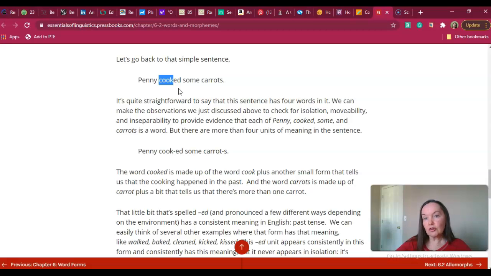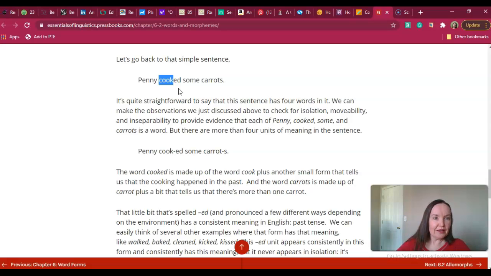It's no longer just the action of cooking. It's now an action that happened when? In the past, right? So ed is our regular past tense verb ending. We know when we see ed, automatically something happened in the past. In fact, when you hear a child who's learning to speak English, maybe a 2-year-old or a 3-year-old, they will say things like, I goed to the store yesterday, or I seed my friend across the street.